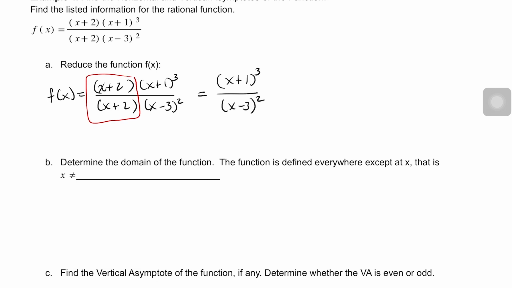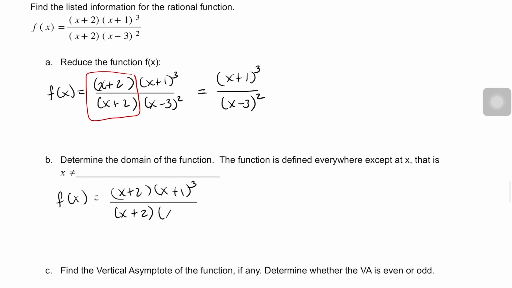So now we have to find the domain of the function. That is, the function is defined everywhere except at x. That is, x cannot equal. And to do this, what we need to do is go back to the original function and determine where the denominator will be 0.